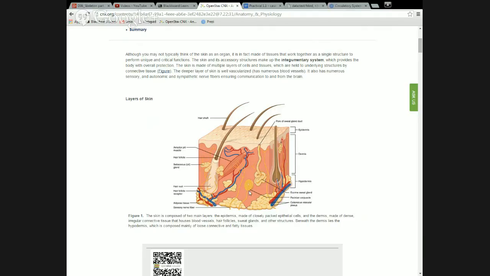The nervous tissue that we see down here, there are a bunch of nerve endings in the dermis of the skin, which are there to interact with the environment around us so that we sense touch and temperature and pain and vibration and all those various things that we consider touch under the umbrella of our sense of touch.